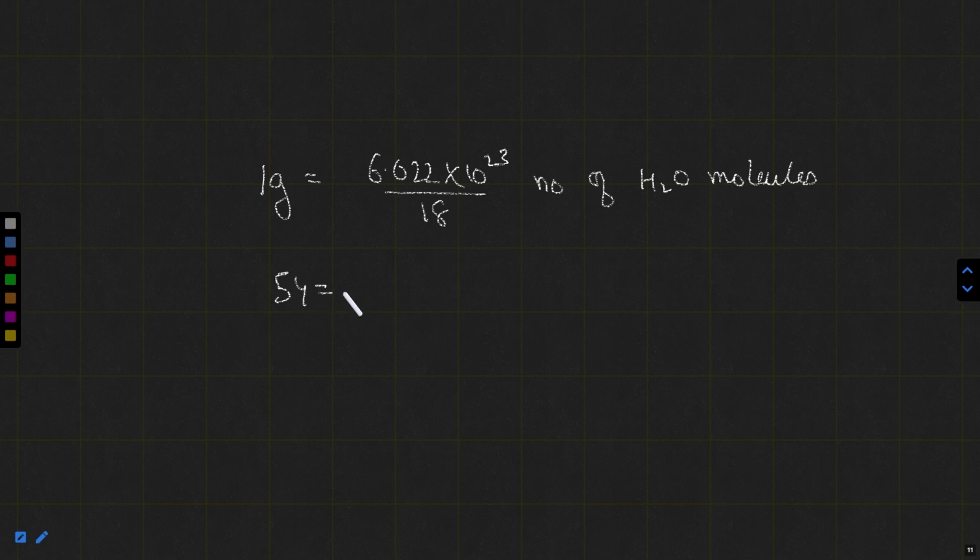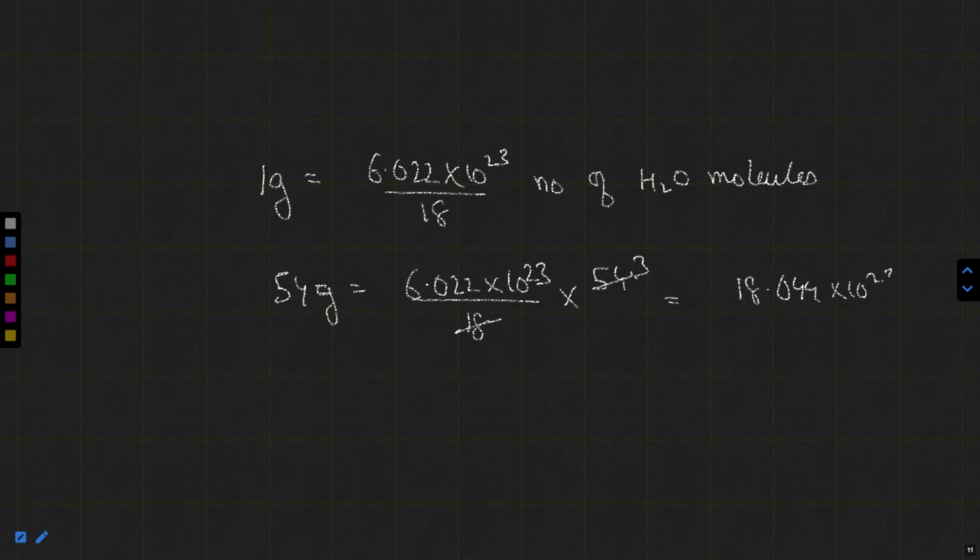Hence 54 gram will contain 6.022 x 10^23 divided by 18, multiplied by 54. This is 18 times 3 is 54. If we solve it, it will give us 18.066 x 10^23 molecules of H2O.